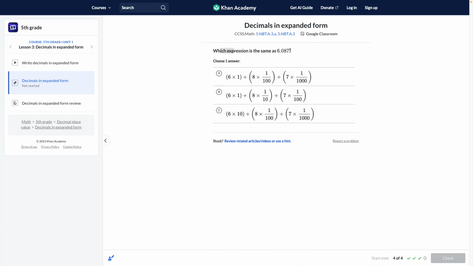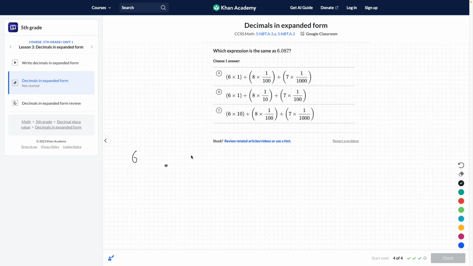Which expression is the same as 6.087? So we want 6 decimal 0.87. So we know that this one is going to be 1,000ths times 7.